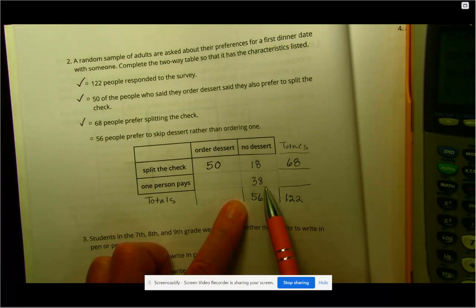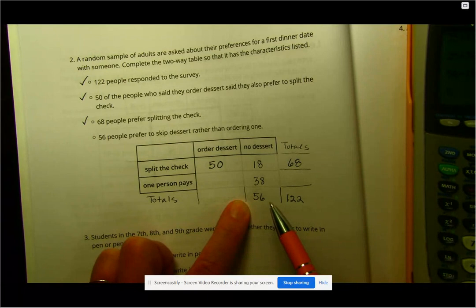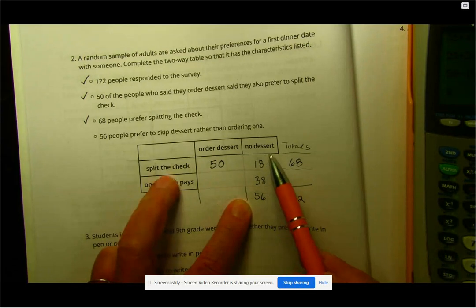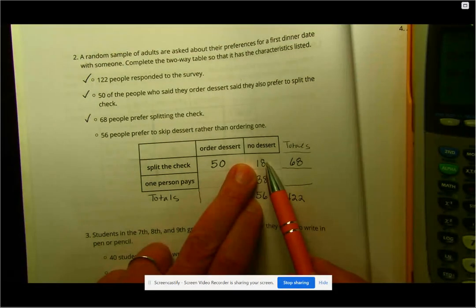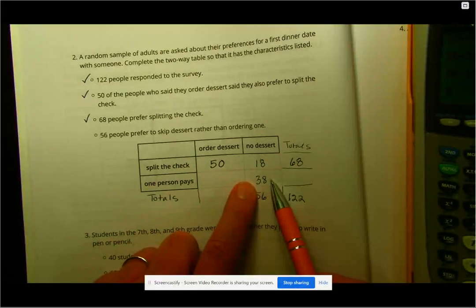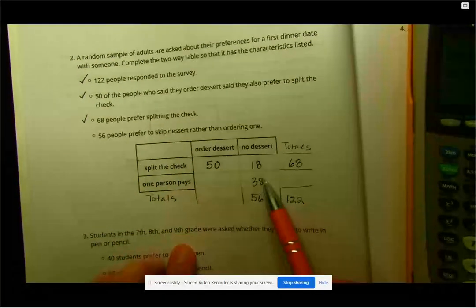Sorry, 38. We already knew there was 18 people up here. 18 of the people that prefer to split the check are in the no dessert column. So the other 38 are the people that prefer one person pays.